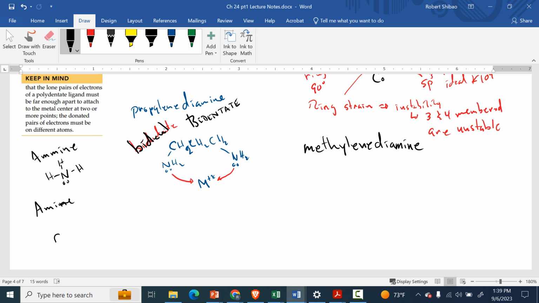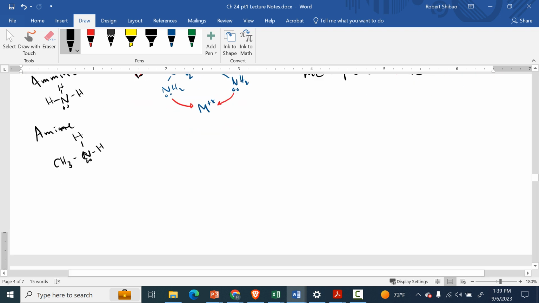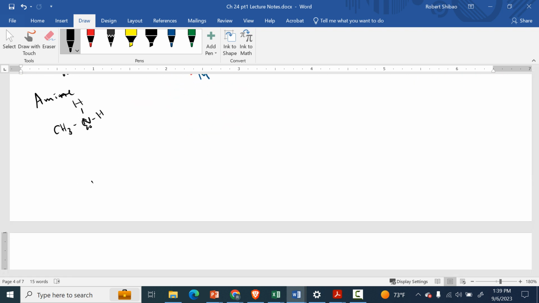So for example, we could have methylamine. I think I showed this one before. Methylamine would have an NH2. And this would be ammonia-like. But we could also have dimethylamine. And so dimethylamine would also be ammonia-like, but it would have a CH3 and a CH3, it would have an NH rather than an NH2.